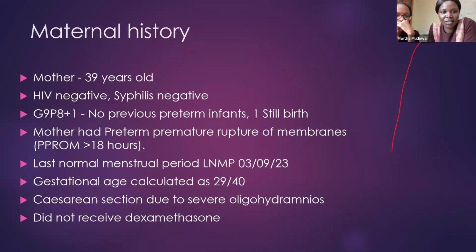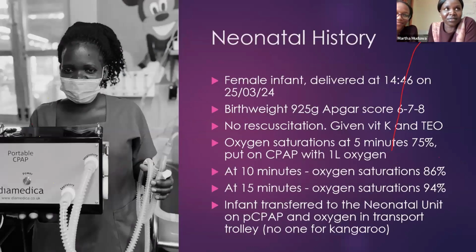The last menstrual period was 3rd of September 2023. The gestational age, as calculated, was 29 weeks. The baby was delivered through cesarean section due to severe oligohydramnios, and the mother did not receive dexamethasone.